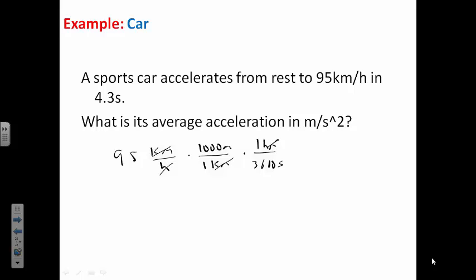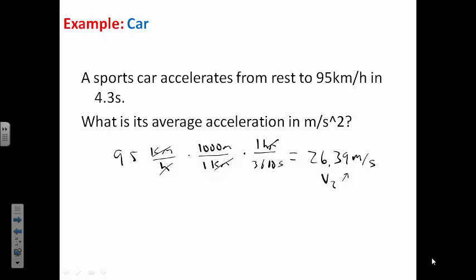We take 95 times 1,000 divided by 3,600, and we end up with 26.39 meters per second. So we know that this is going to be our V2, or V final.